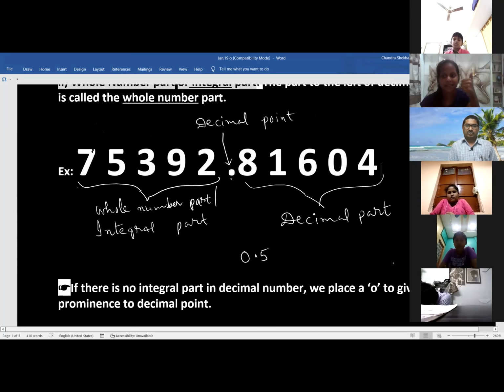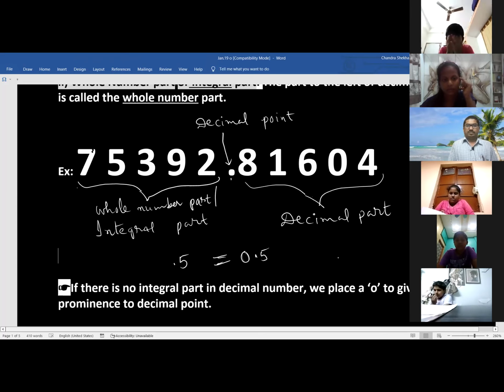To give prominence to the decimal point, to give priority to the decimal point, we should keep 0 as the whole number. Clear?